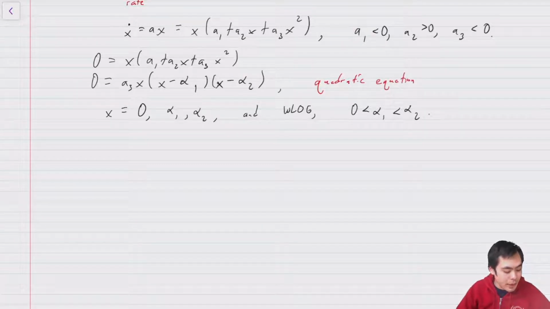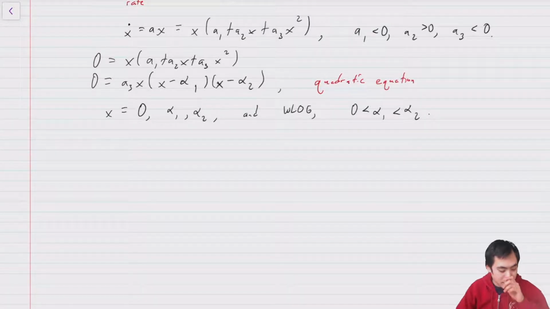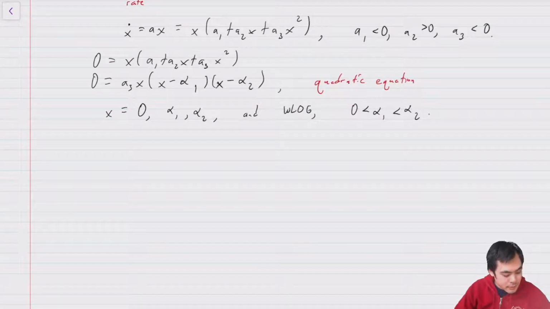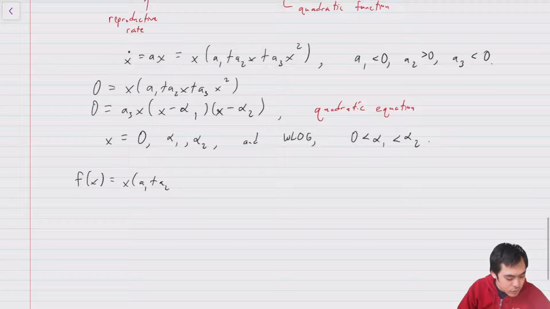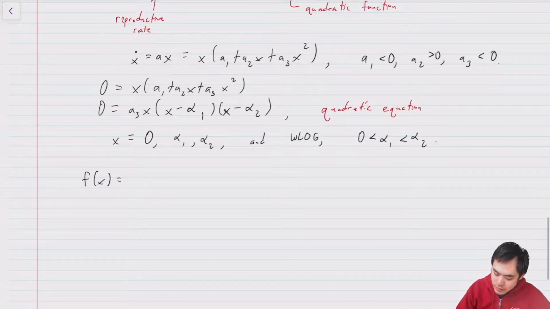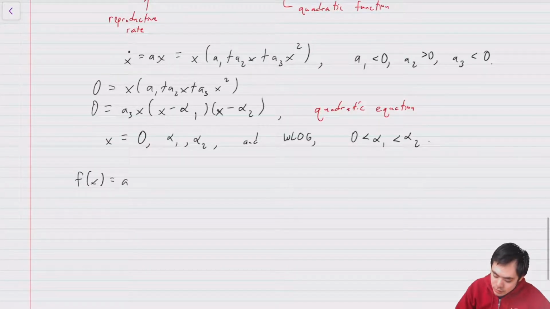Well, in order to figure that out, we just need to take the derivative, use the derivative test, right? So f of x is equal to x times a1 plus a2x. Actually, let's do this derivative test with the version a3x times (x minus alpha 1) times (x minus alpha 2).